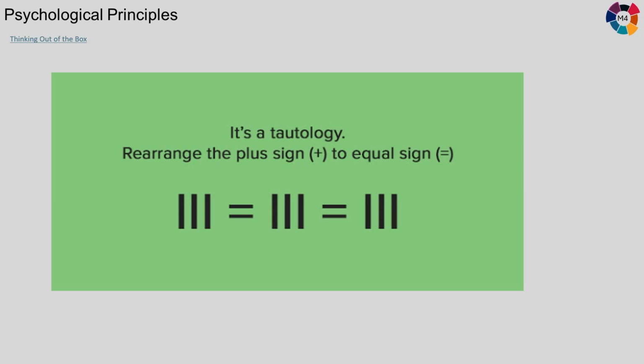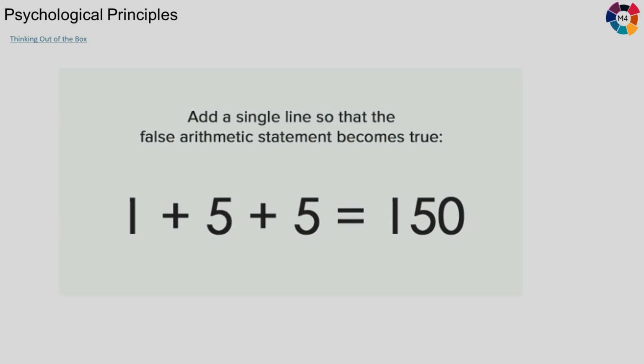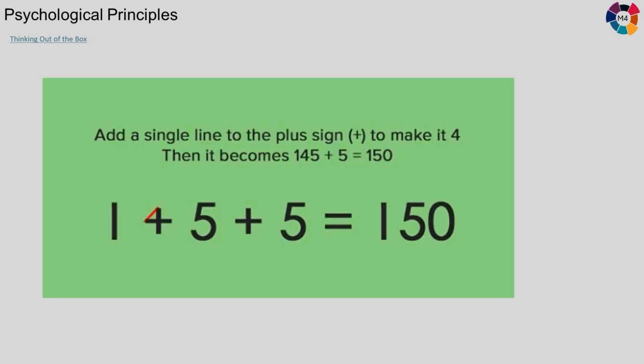Here, we're going to add a single line so that the false arithmetic statement becomes true. Did you figure it out? It was adding a diagonal line to the plus sign to make it into a 4. Then it becomes 145 plus 5 equals 150.